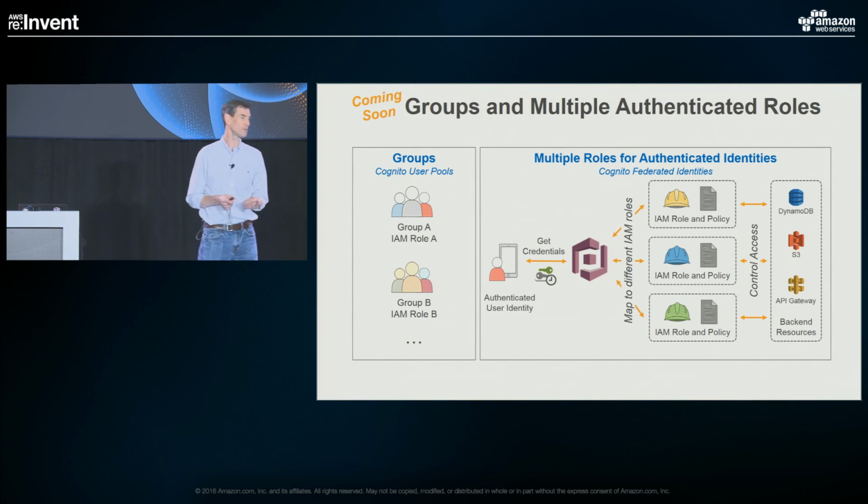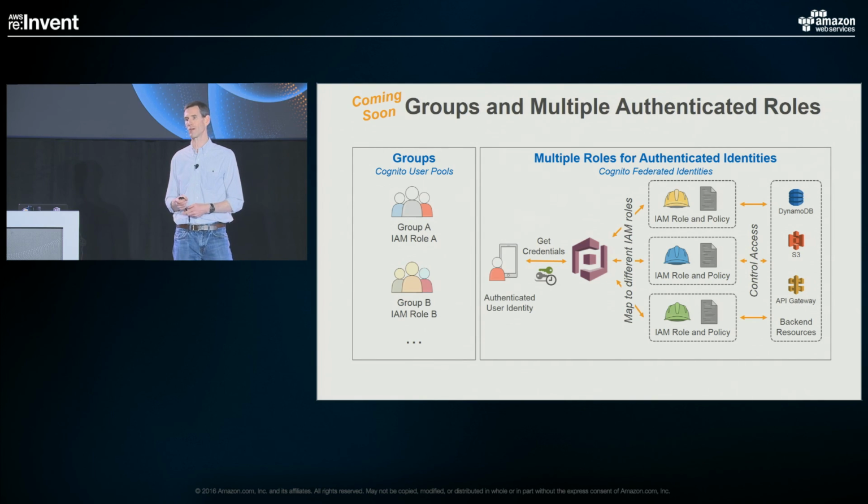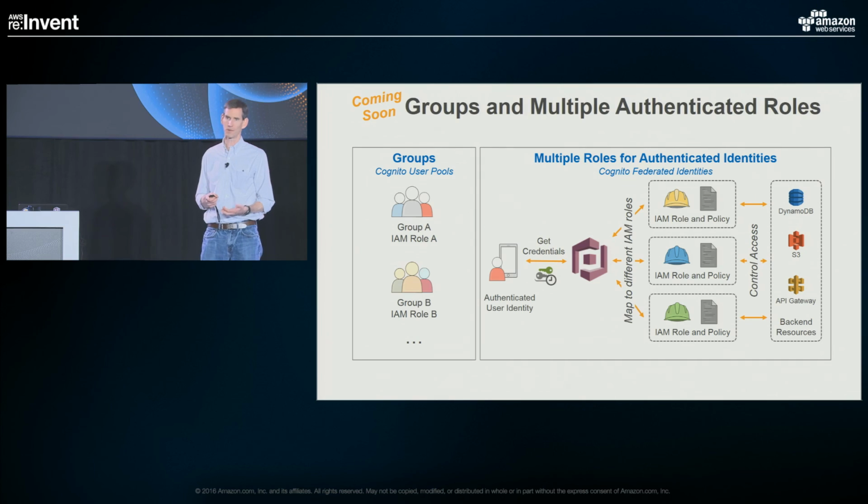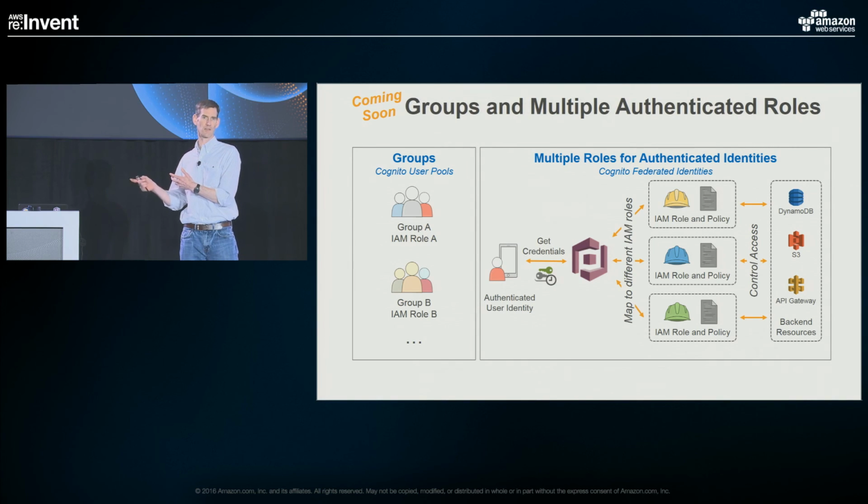So first on the user pool side, we're adding support for groups. So this is the tried and true pattern. You can create a group, add a user to a group, etc. And that allows you in multiple ways to control different permissions for those users as well. So this information is available to your app if you want to customize the interface. It also can flow all the way through to the permissions so that at the permissions level, you control what different users have based on the group that they're in.